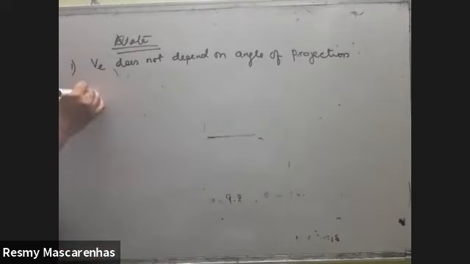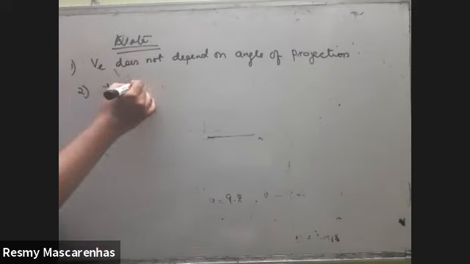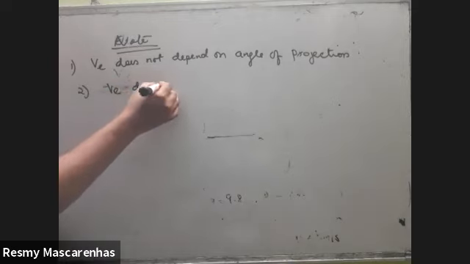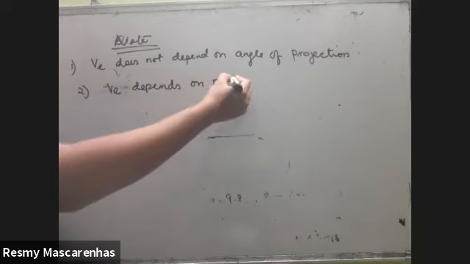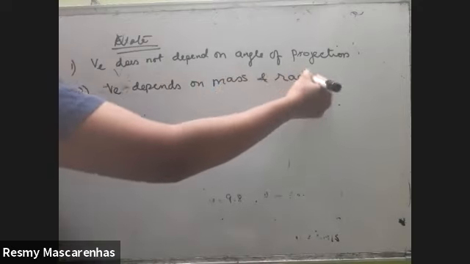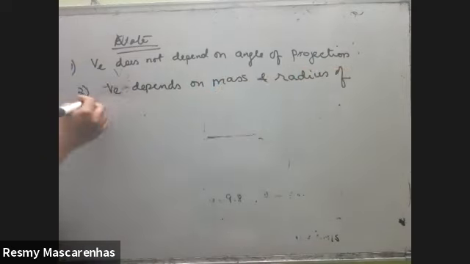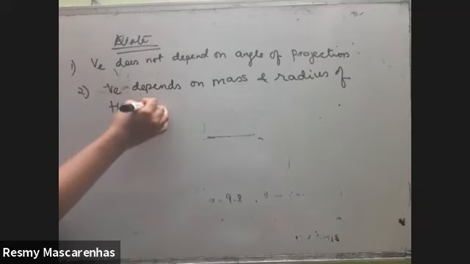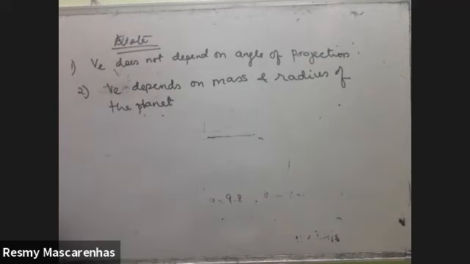The second thing: escape velocity depends on the mass and radius of the planet. That's why every planet will have a different mass and different radius. So it is not necessary that all the planets of the universe will have the same escape velocity.